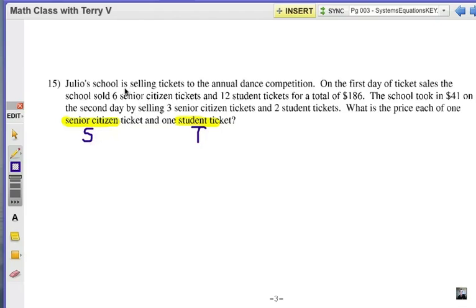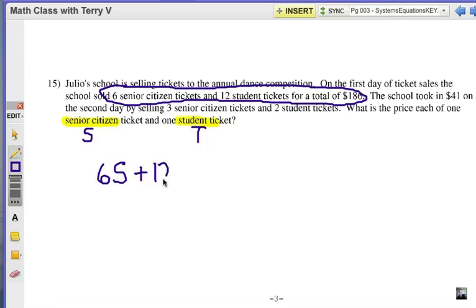Now let's look at this information right here. 6 senior citizen tickets, 12 student tickets, total of $186. It's important that we interpret that as an equation. So 6 times the cost of each senior citizen ticket, so 6S, plus 12 of the student tickets, 12T, for teenagers.